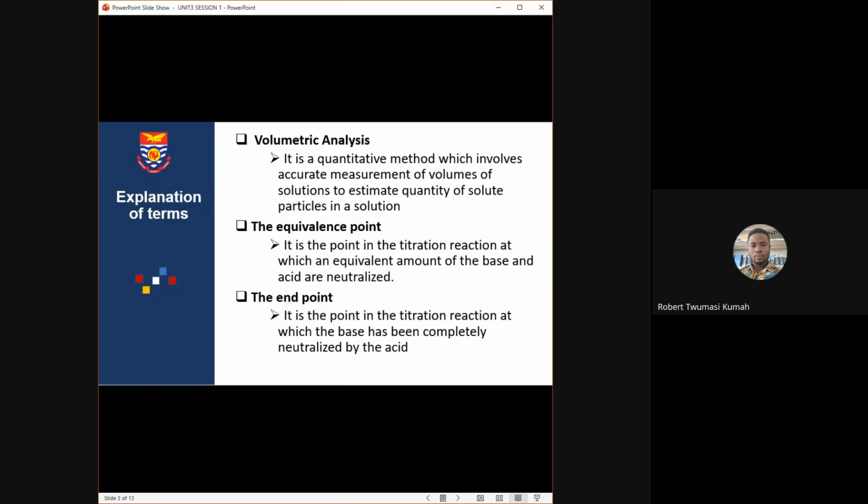That is to say that we may not be able to determine the exact equivalence point relying on the endpoint, but at least it gives us something that is closer to the point that we are looking at.